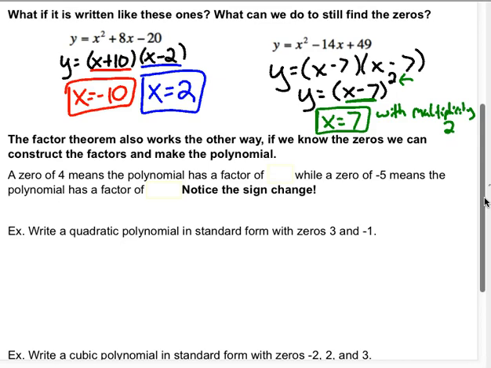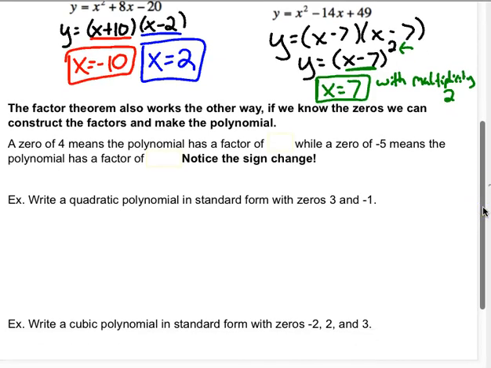All right, so we've spent a lot of time so far finding zeros. Starting when I give you the factored form, can you find them? Then if I just give you a polynomial, can you factor it and find them? Now we're going to go backwards. We're going to talk about the fact that if I know the zeros, I can write a polynomial that has those zeros as solutions.